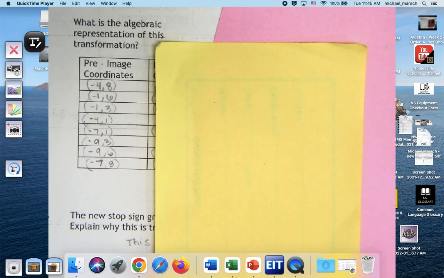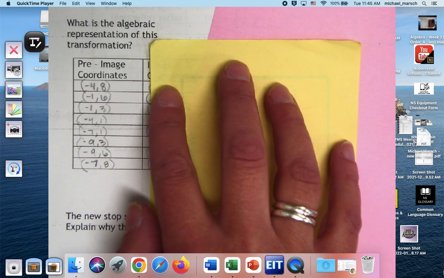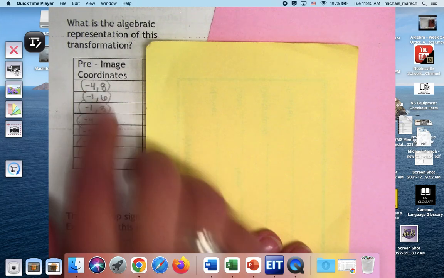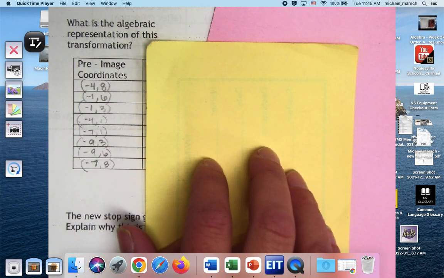So that is where the stop sign originally started, in quadrant 2. And then multiplying something by 1/2 is like taking 1/2 of it, right? Same as dividing by 2. So what would my image coordinate be for this first one if I'm just dividing each of these numbers by 2?